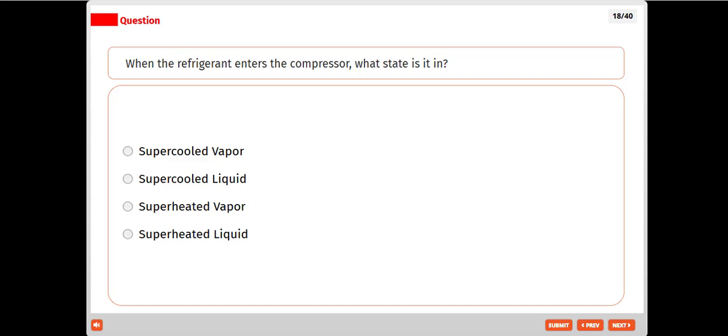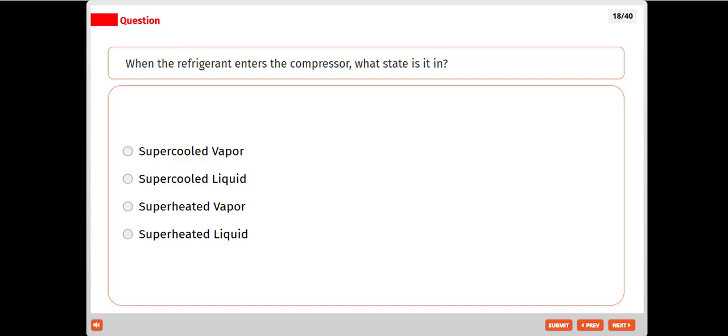When the refrigerant enters the compressor, what is the state? Supercooled vapor, supercooled liquid, superheated vapor, superheated liquid.